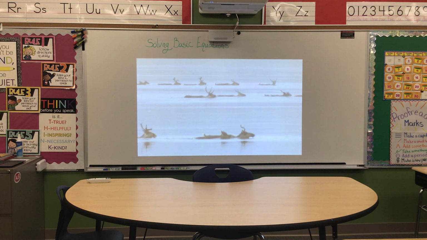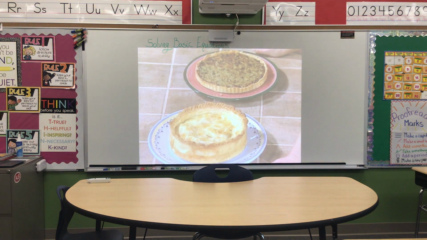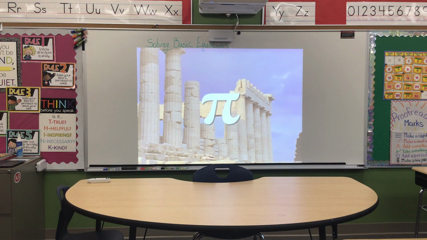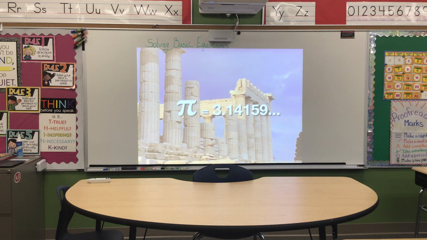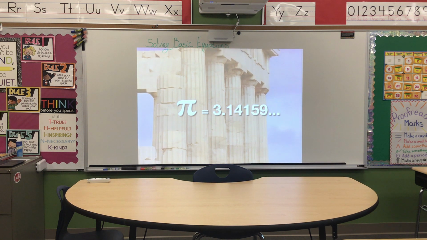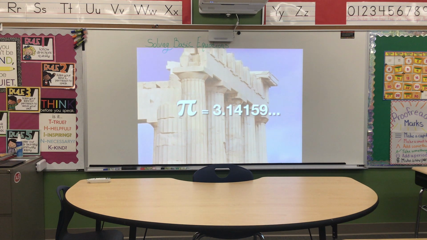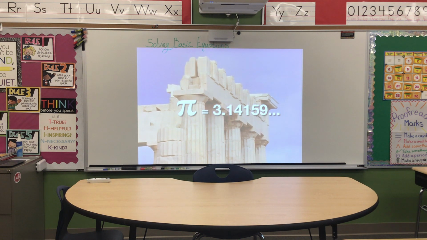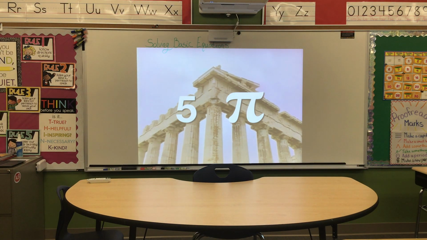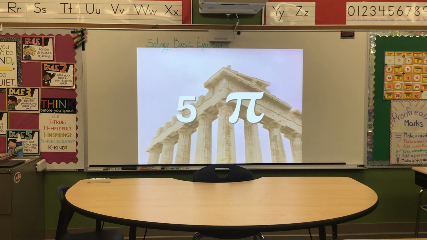Special quantities are also represented by symbols, like pi. No, it's not a round thing with flaky crust. This is the Greek letter pi, which stands for a little bit more than 3.14159. It's a number with unending and never repeating decimal digits. 5 and pi are both numbers, constants, values that don't change.